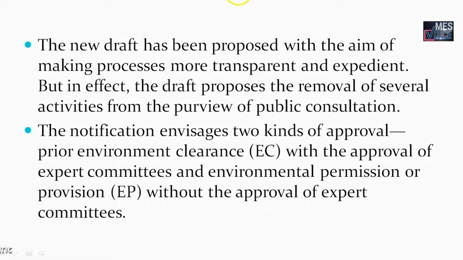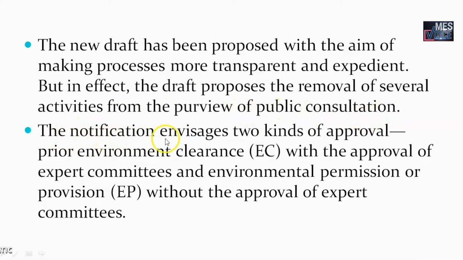Next, we are discussing the problematic, controversial EIA draft 2020. And what is that? The new draft has been proposed with the aim of making processes more transparent and expedient. But in effect, the draft proposes the removal of several activities from the purview of public consultation.